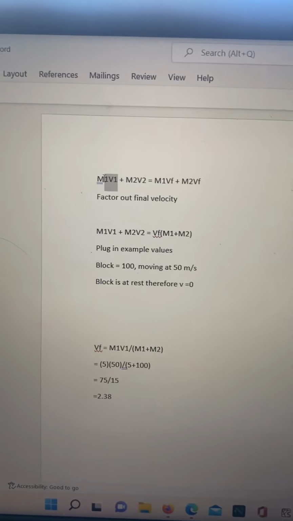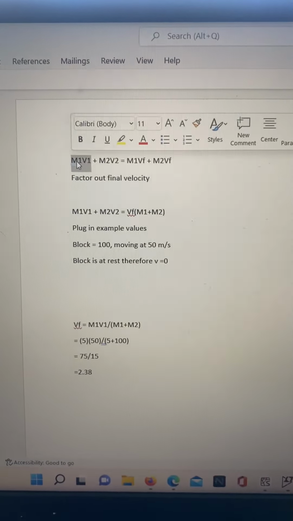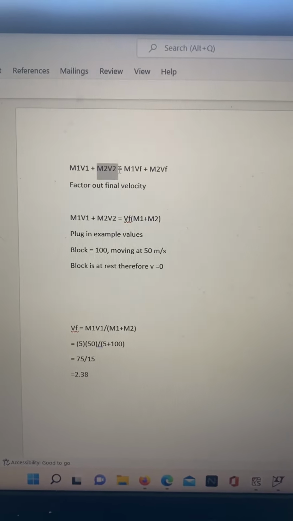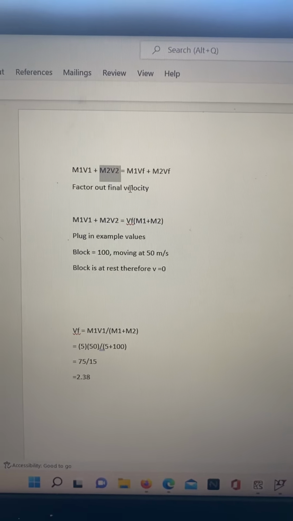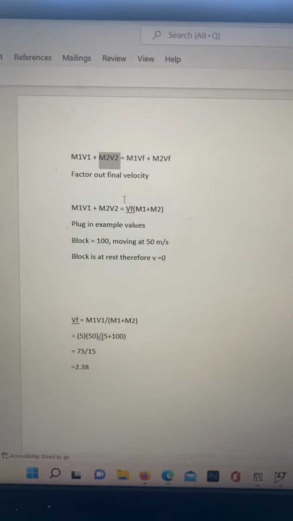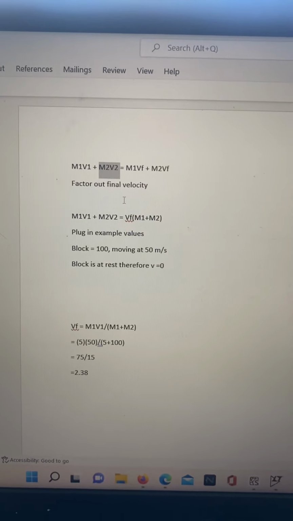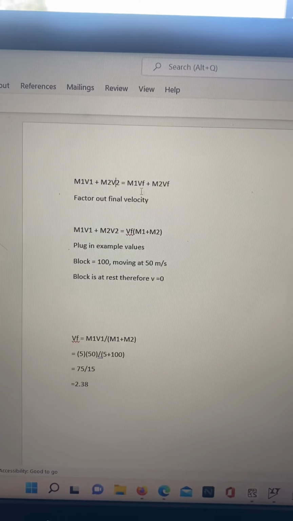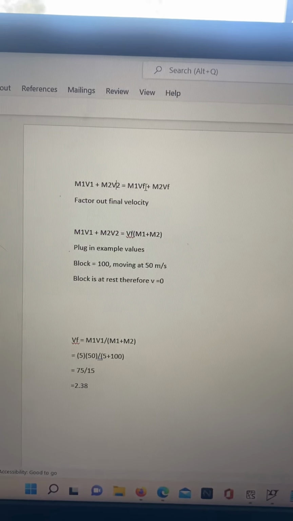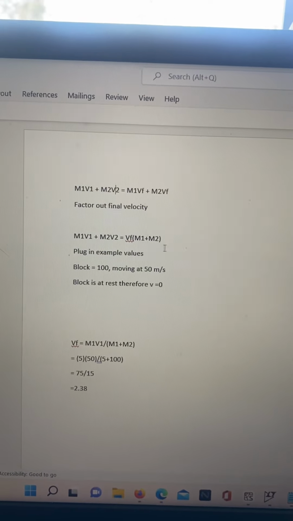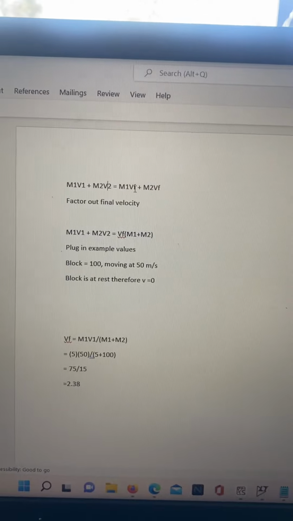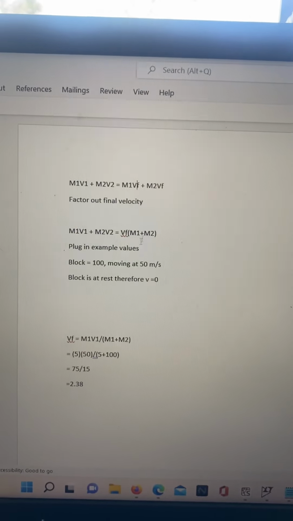This right here is the mass and velocity of the bullet, and then we add it to the mass and velocity of the block. Now this is just going to go to 0 because the block is at rest, and this should equal V final times M1 plus M2. We can factor out VF since they are the same thing.